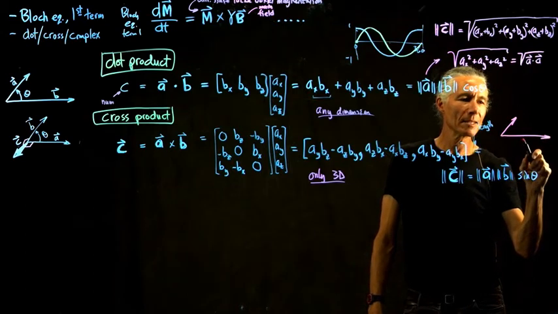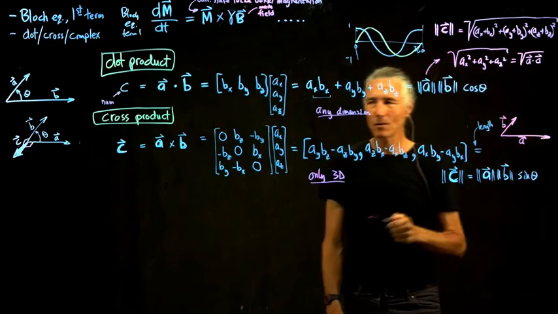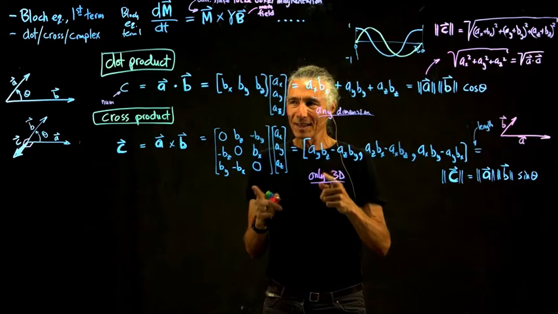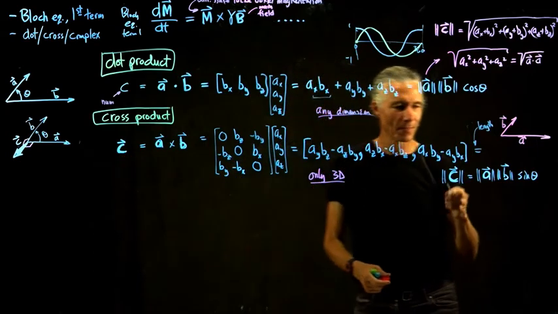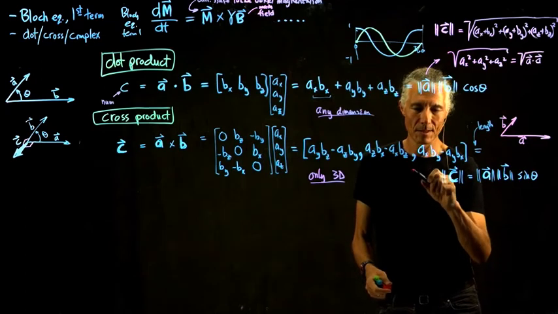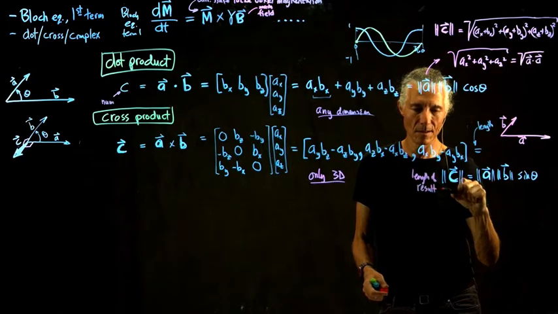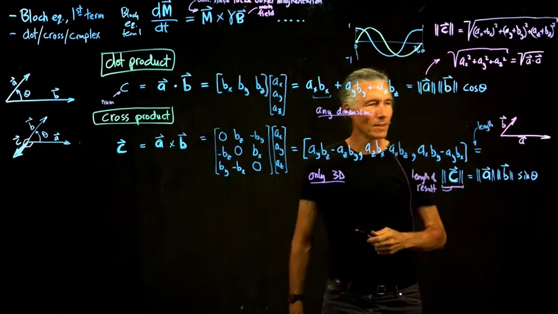Because if this is the A vector and the B vector, if we take the cross product of them and then find the length of the resulting vector, so the length of this guy over here, the length of the result, what do we get?